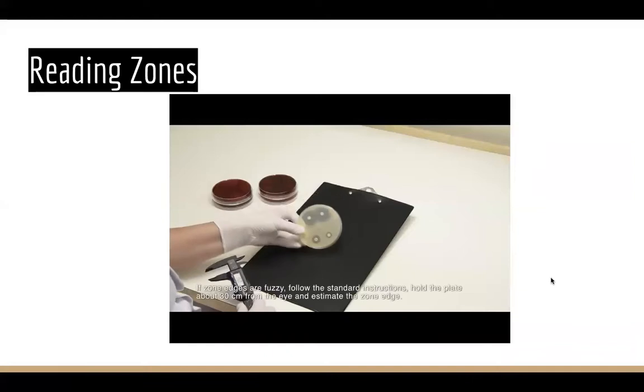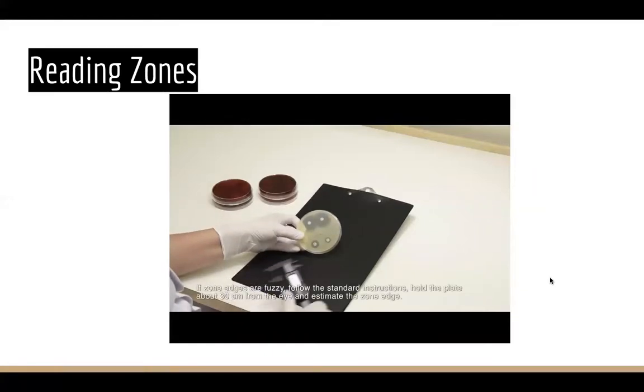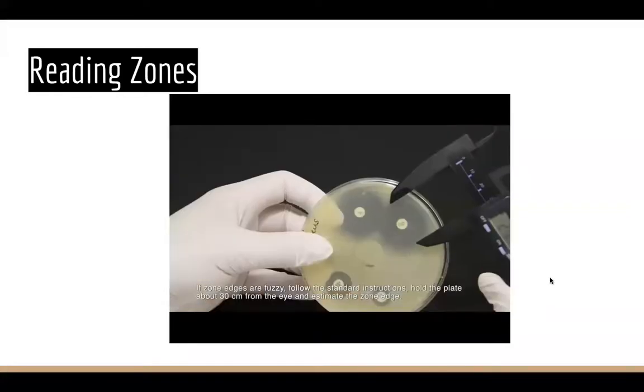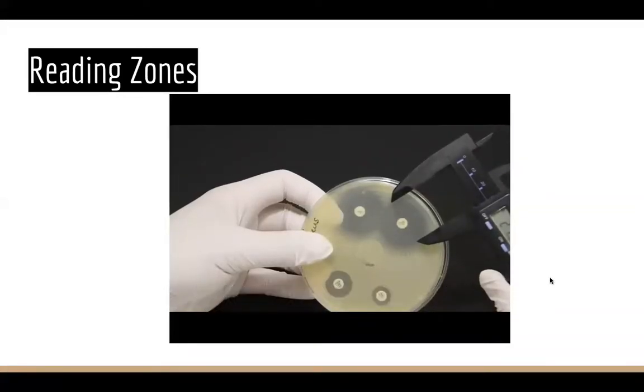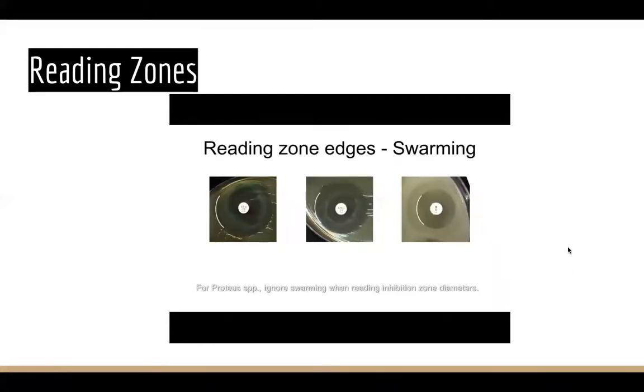If zone edges are fuzzy, follow the standard instructions, namely, hold the plate about 30 centimeters from the eye and estimate the zone edge. Do not hold the plate up to the light and do not use a magnifying glass. For Proteus species, ignore swarming when reading inhibition zone diameters.